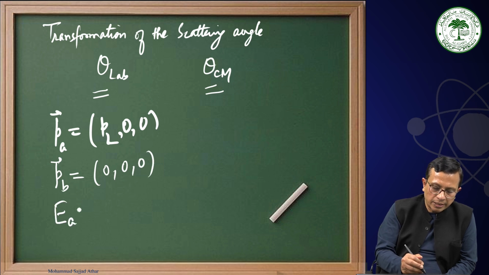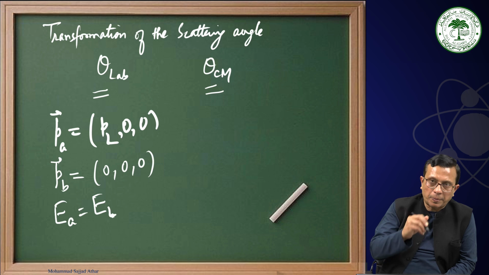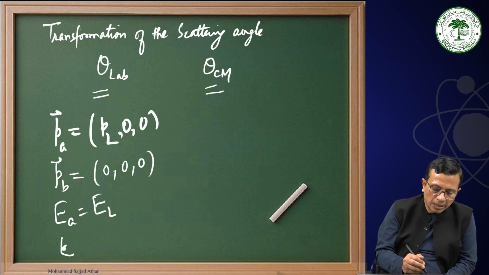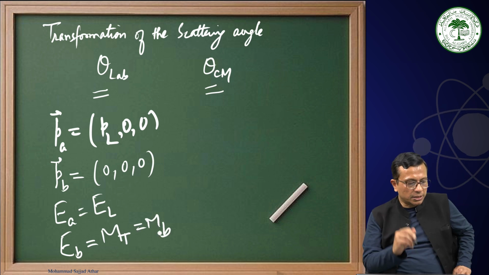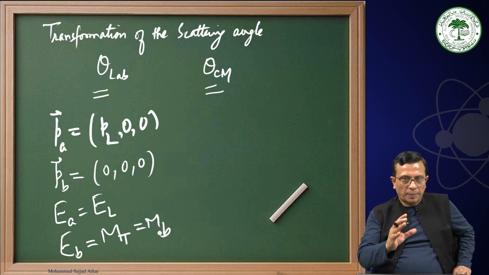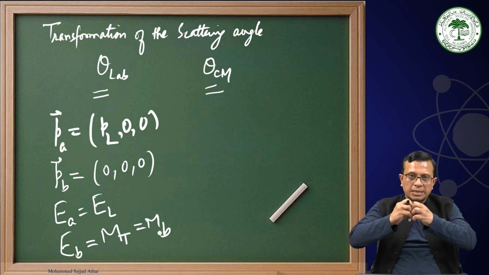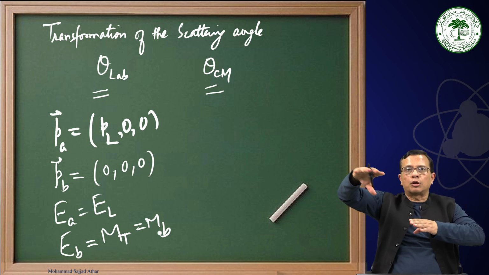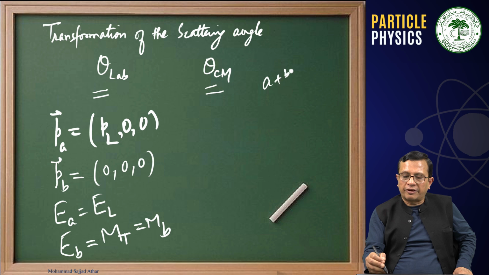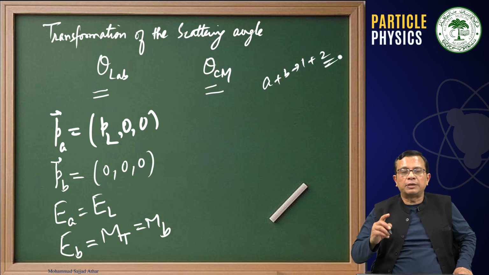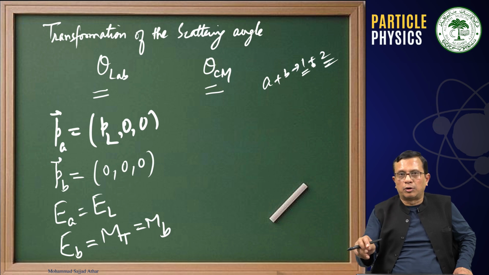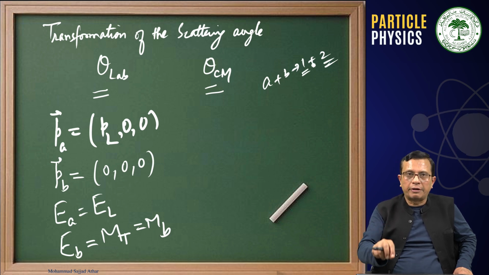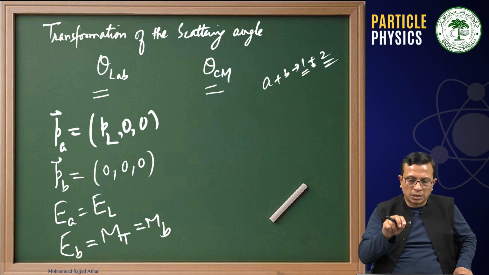EA will be the energy of the incoming particle, the energy of the projectile. EB will be the mass of the target particle, the mass of particle B, since the particle is at rest. Now A plus B scattering is taking place and we are observing, say, particle 1 in the final state. And as we know, if we are observing 1, then we will be able to describe everything about 2, or if we are observing 2, then we will be able to describe everything about 1.